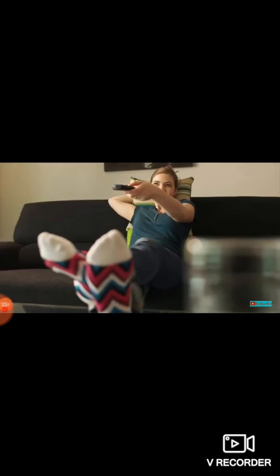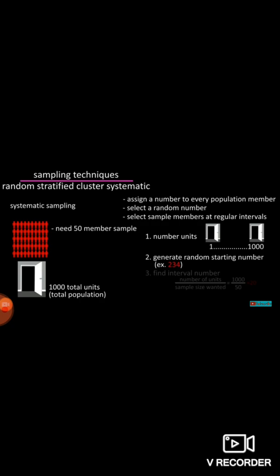How many people are spending their time on watching, for example, Netflix? We need a sample of 50. We have a population of 1000. So we first select a random number, say 234.